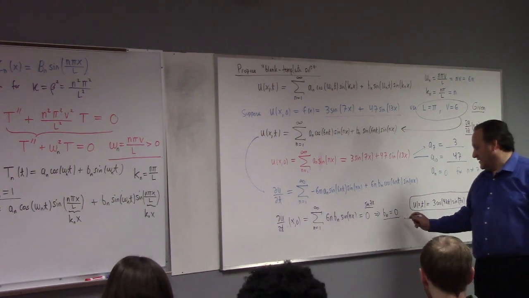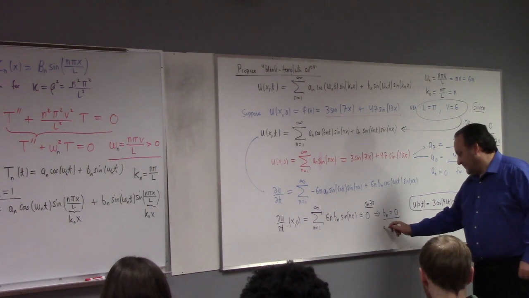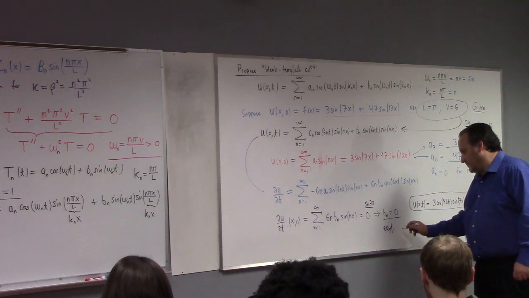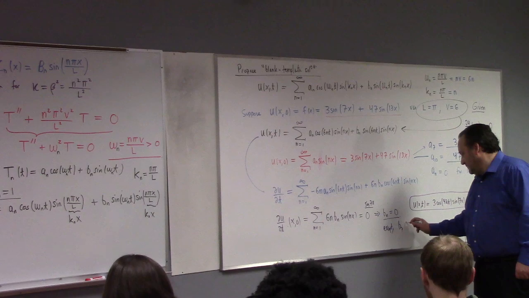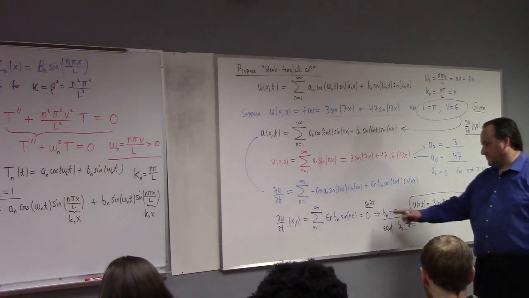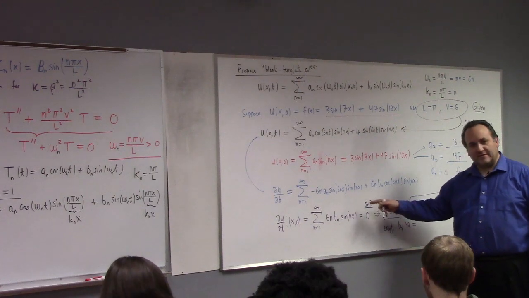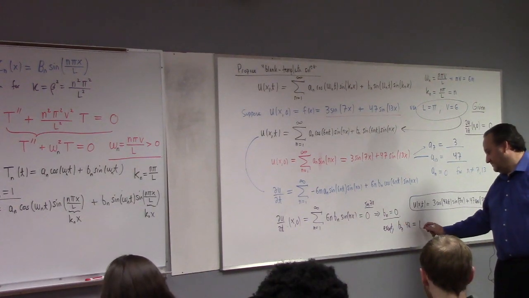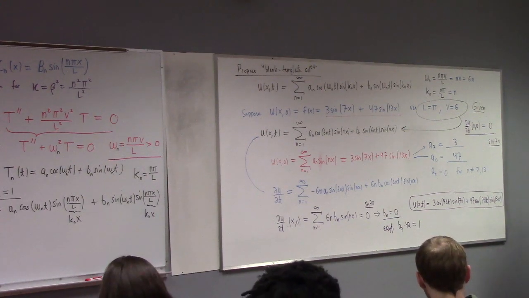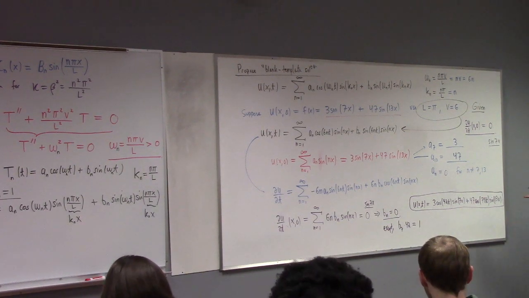And then you'd get b sub n equal to 0, except what? B sub 7 times 42 would be equal to what? There's a 1 next to that. So it'd be equal to 1. So you'd pick up one non-trivial b sub n term.